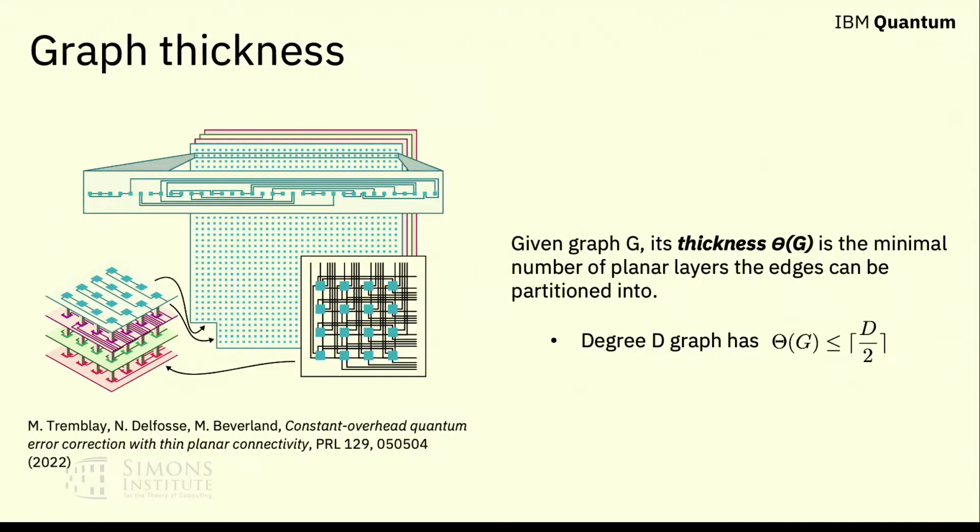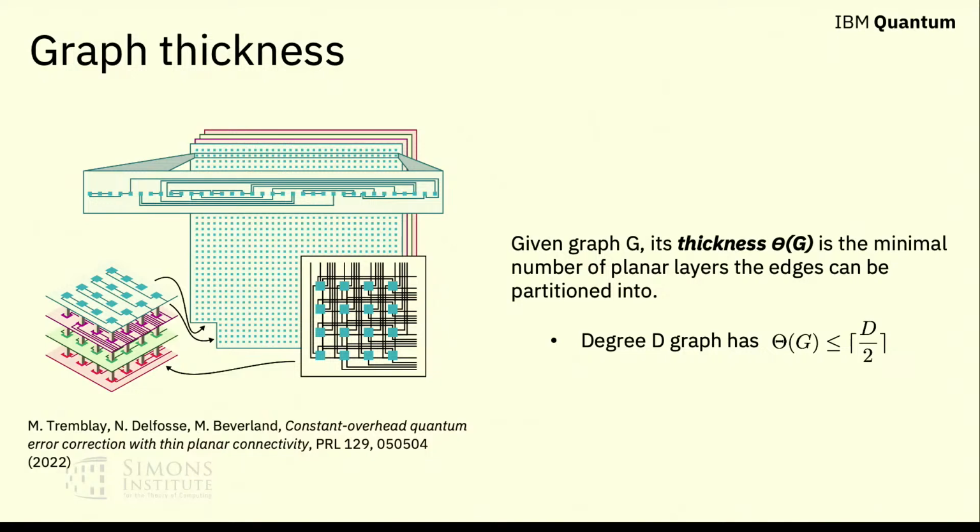Given a graph G, which let's think of as the Tanner graph, you can define the thickness of this graph as the minimum number of planar layers that you can partition the edges into. So for every edge, you say this edge is going to live in layer 1 or 2 or 3, etc. And if each of those edge-induced graphs is planar, then that's some instance of a thickness embedding of the graph. So this thickness theta G is then the minimum over all those different planar embeddings.